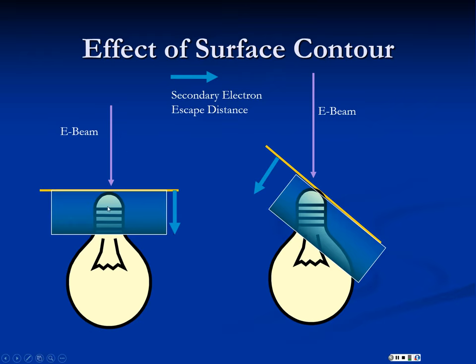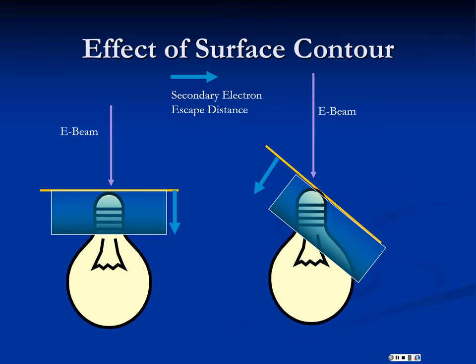So when the beam hits, the interaction volume, the light bulb, is where secondary electrons are being emitted, but I only get the ones that are generated near the surface. Now, if this is a slope, when the beam hits, we're going to get electrons that are generated not only up here in the base of the bulb, but also from the shoulder. So a slope will actually give you more electrons than a flat surface will.